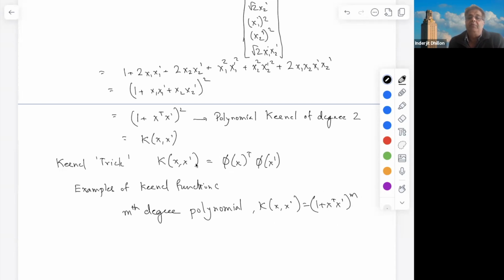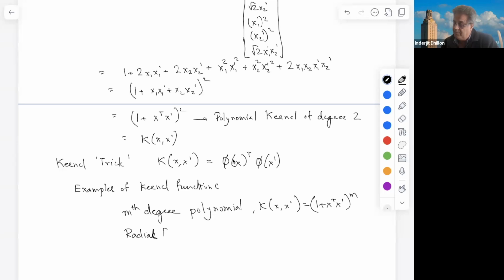But for general m, this is actually d to the power m. So just think about how expensive it will be, not just going to d square, but to d to the power m. And then one of the most widely used kernel functions is the radial basis or Gaussian kernel.